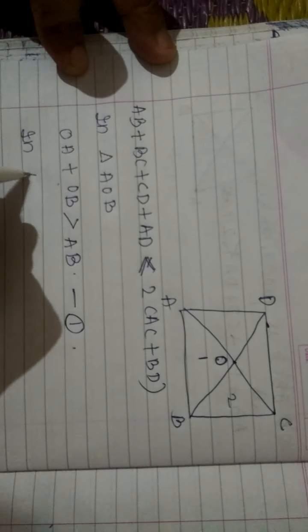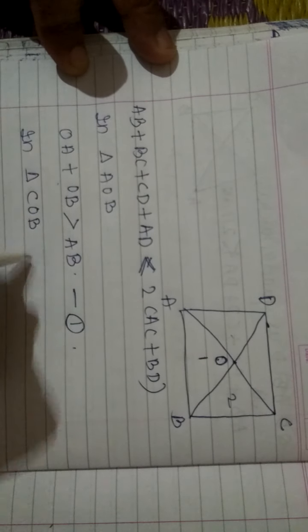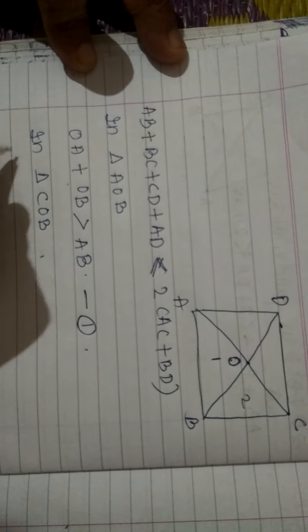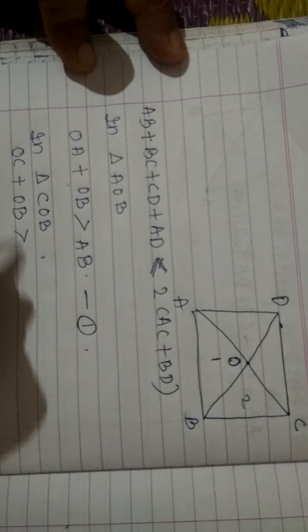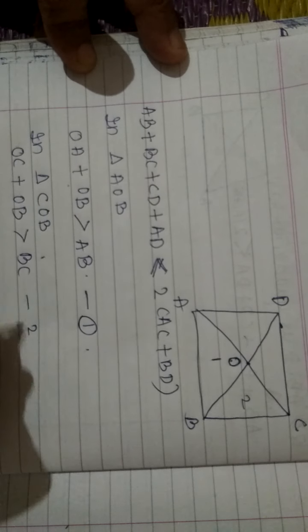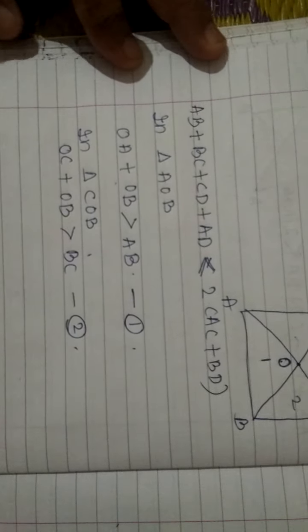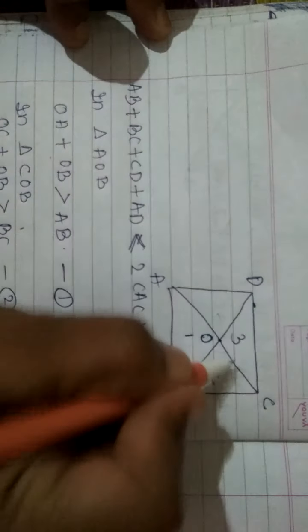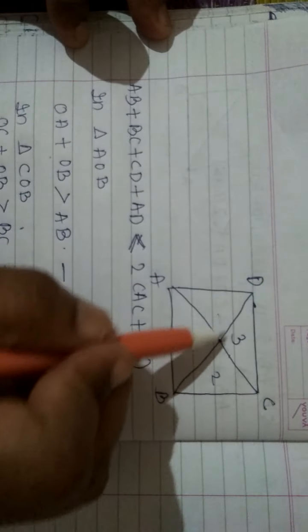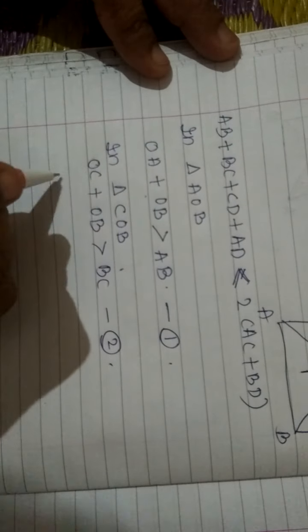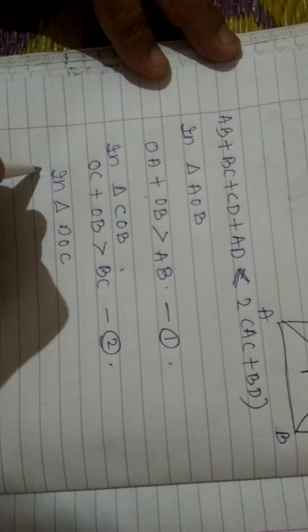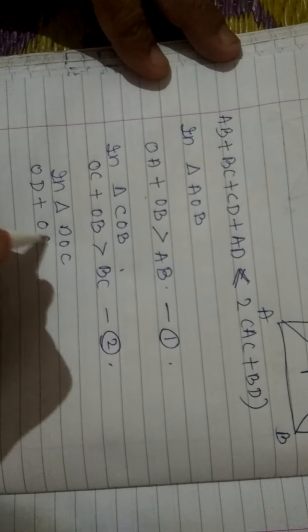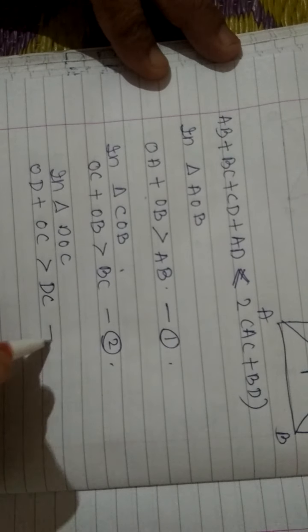Now children, in triangle COB, again we have OC plus OB is greater than BC. This is the second statement. Now children, in the third triangle, that is DOC, OD plus OC is greater than DC.